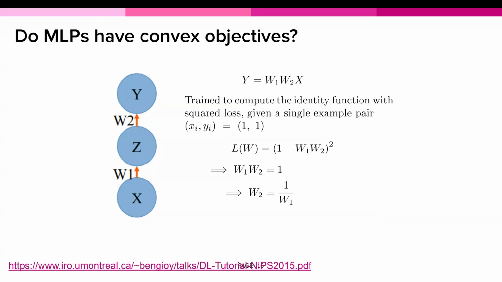So this example highlights the fundamental challenge in training neural networks: even for such a simple task, the optimization landscape isn't convex. There's no single solution that the optimizer can fall into. And that was just two parameters.